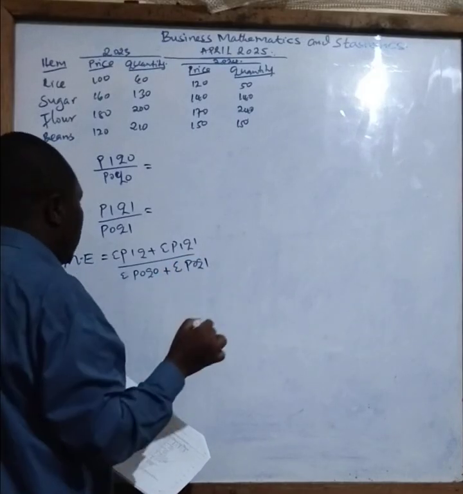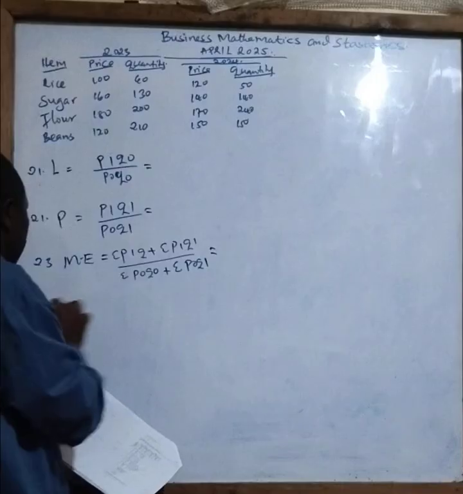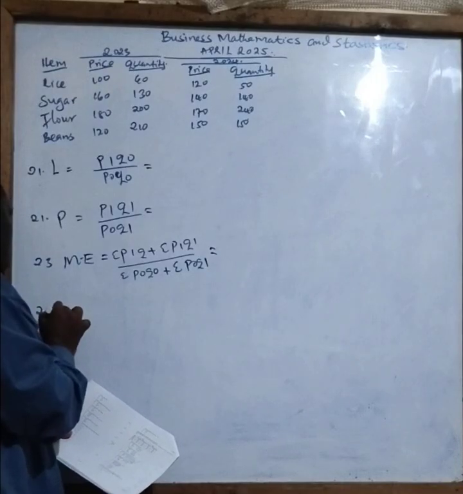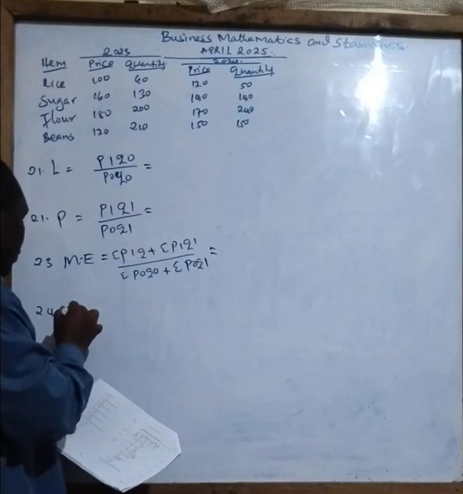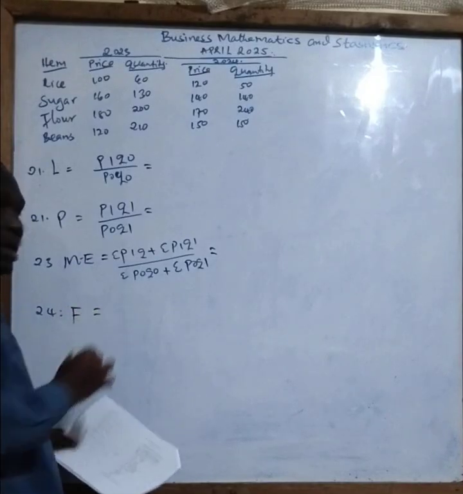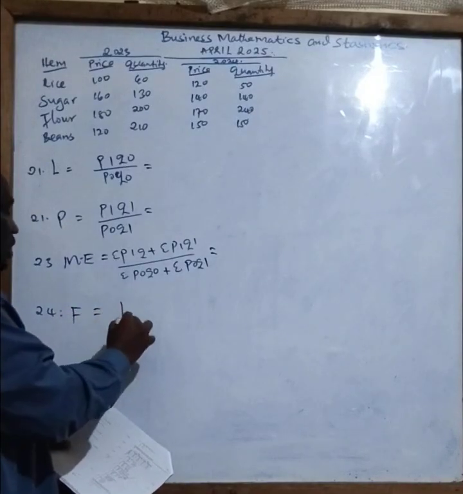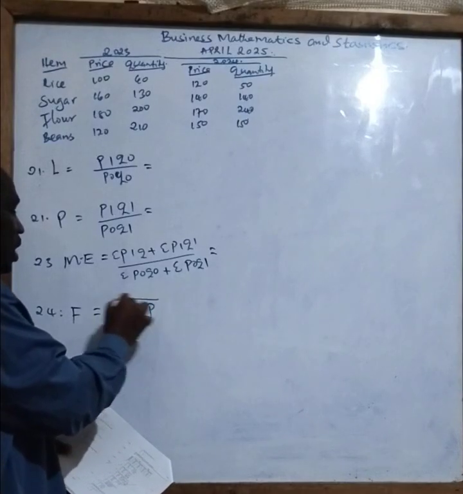I'm going to explain that, so don't worry about that. Then the last question is 24, which says calculate the Fisher's ideal. So F is the square root of L times P.